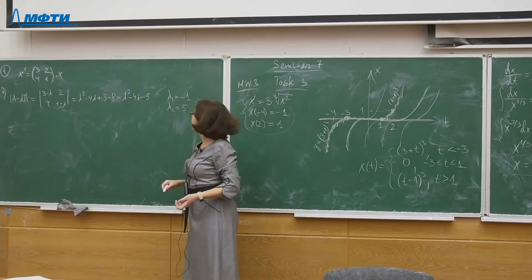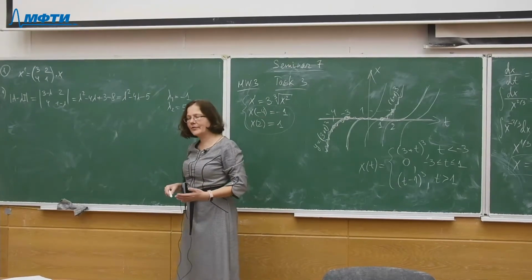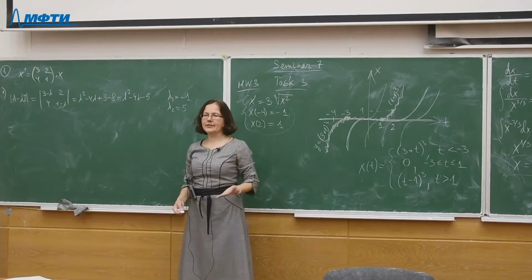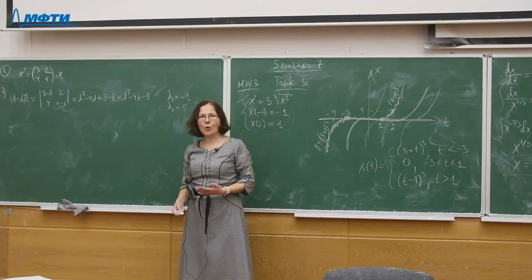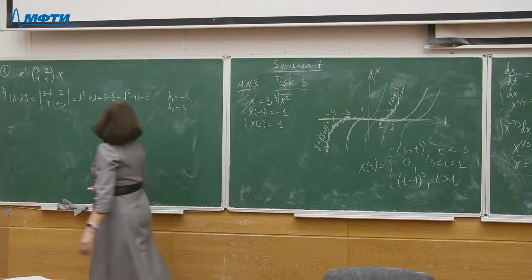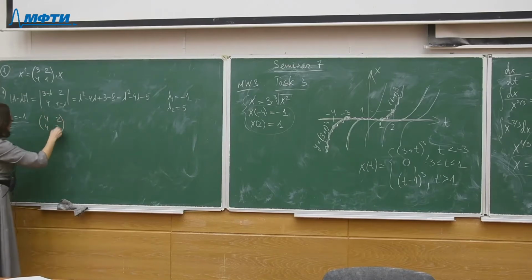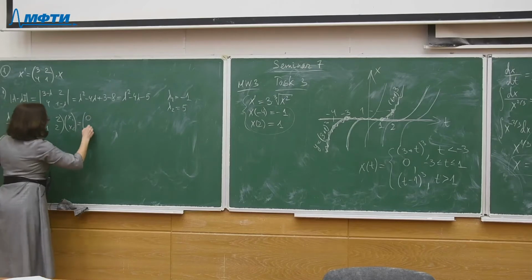-1 and 5. There are two eigenvalues, so there will be two different eigenvectors, and they will form a basis. Lambda 1 is -1. Let's substitute -1 for lambda, and we get the matrix 4, 2, 4, 2 times x1, x2, which must be 0, 0.